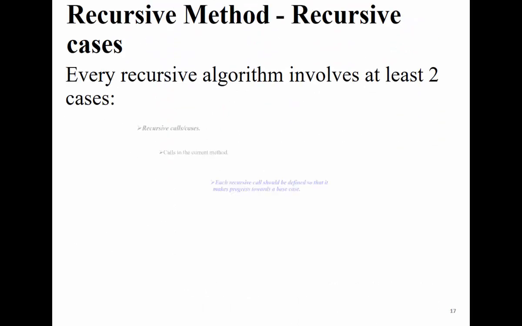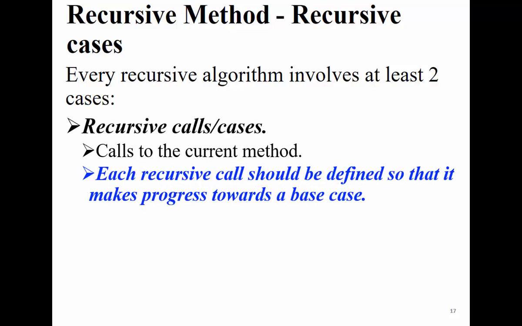What is the recursive call? A recursive call is a call to the current method. Every recursive call should do one step toward the base case. If you're not making any progress toward the base case, this is not a proper recursive call. You define the base case in your problem. Then the recursive call should do one step, or maybe more than one step.